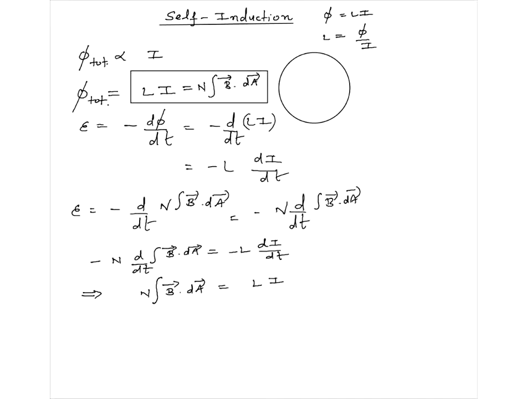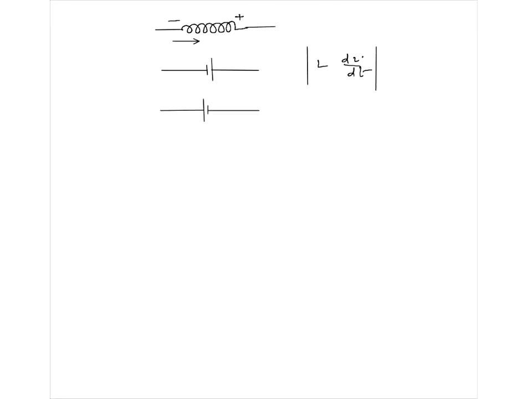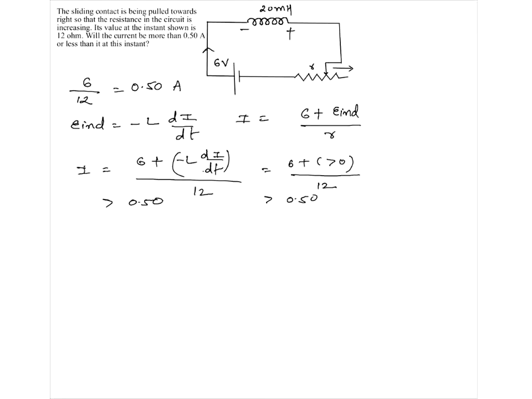Weber divided by ampere is Henry. And Henry is generally big for L. So millihenry is something which is quite common to see.